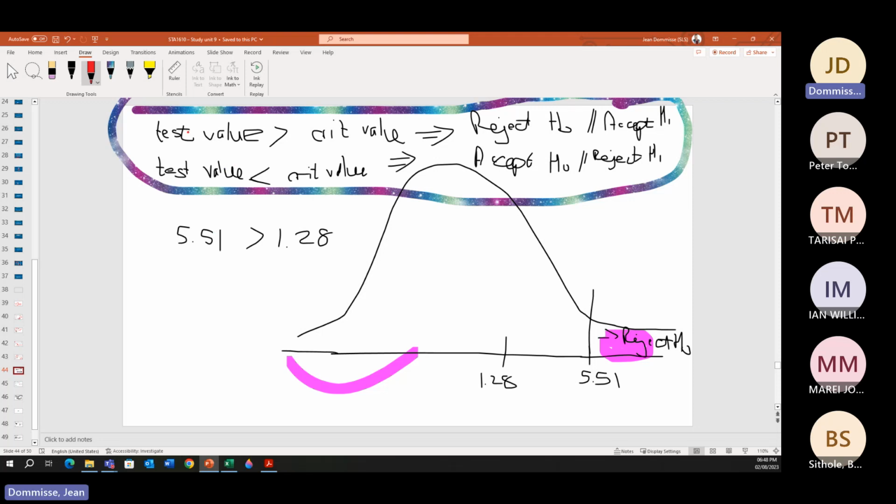When you see the t-stat that you're working out is bigger than your critical value, you can say, well, thanks, I reject it because that is a rule. If it's the other way around, cool, I can accept it because it is a rule. Okay.